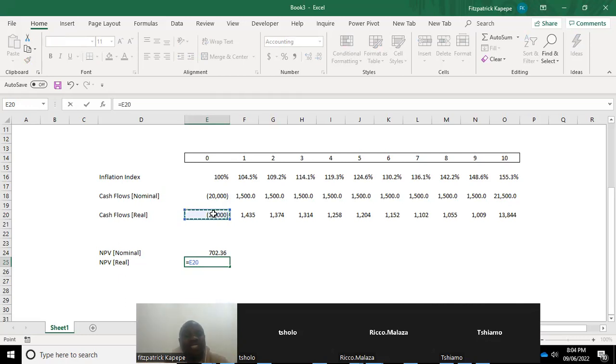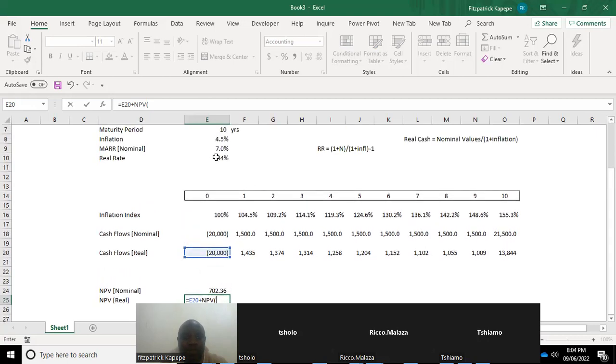This is why we isolate it, because we know for sure that in year 0 the value of the capital injection will be equal to what you have invested, because it is now. And we're doing all these things so that we can make a decision. So there I will say plus NPV again. The rate, now we pick the real, which is this 2.4, comma, we pick the values up there.